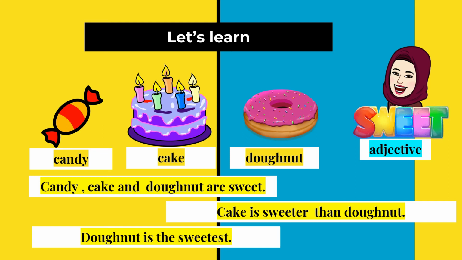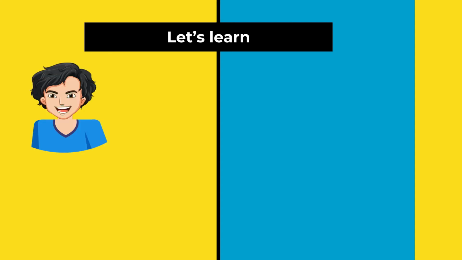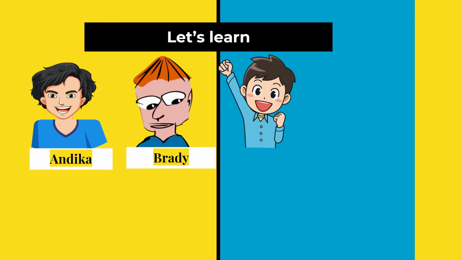Alright, let's learn the next noun. Who's this? Boy. Oh, the name is Andika. Who's this? Brady. Another one? Mamito.